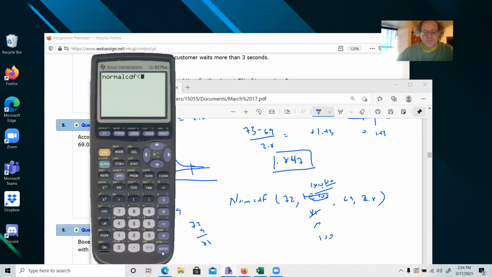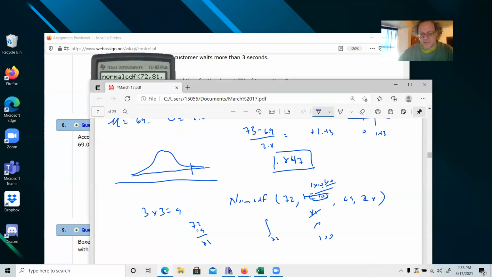So enter. The 72 is always going to be there, because my mean and standard deviation are both in inches. And if I go up to 81, and our mean is 69 and our standard deviation is 2.8, this is the integral from 72 to infinity of e to the, and we'd have to put in the mean and the standard deviation.